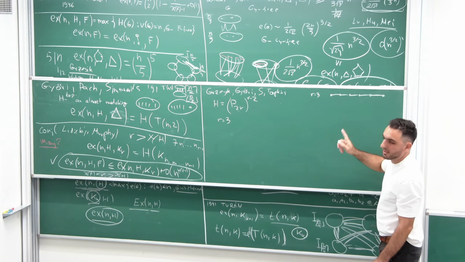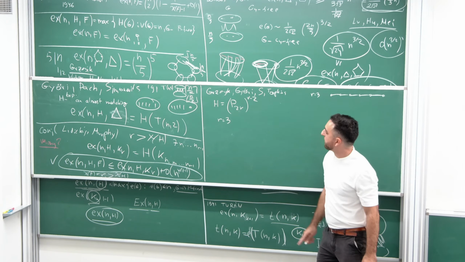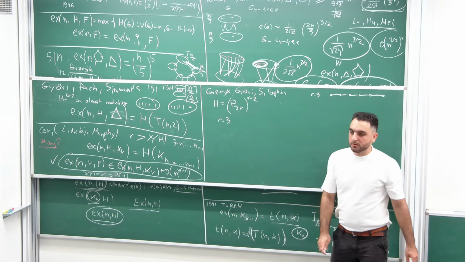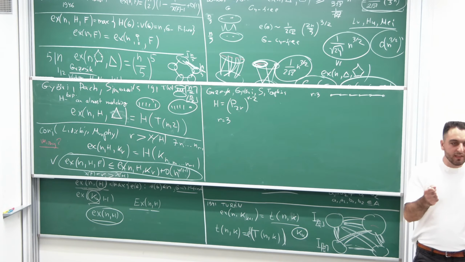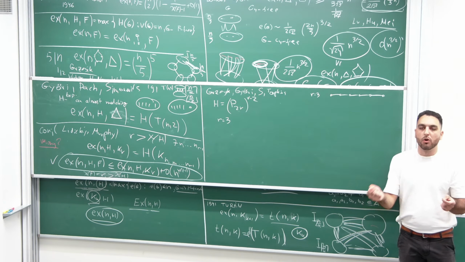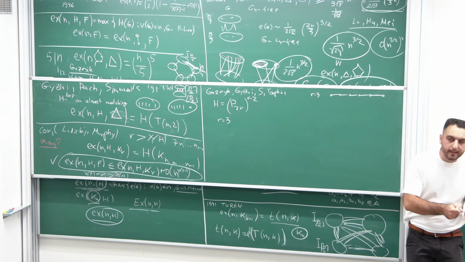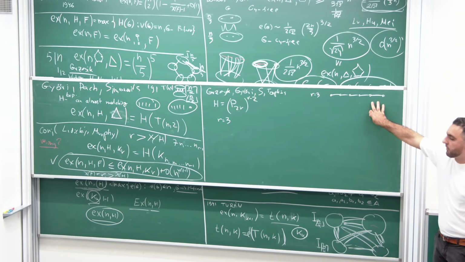So this is P6. And then to the R minus 2, what does it mean? That we need to take any two vertices and connect them if the distance between them in P_{2R} is at most R minus 2. Since R equals 3, that's 1, so that will be the same.